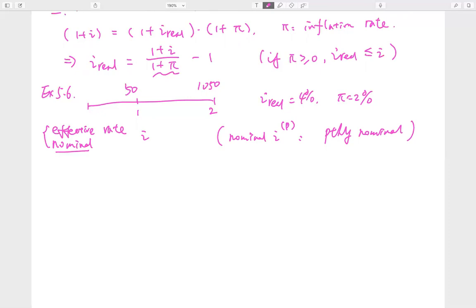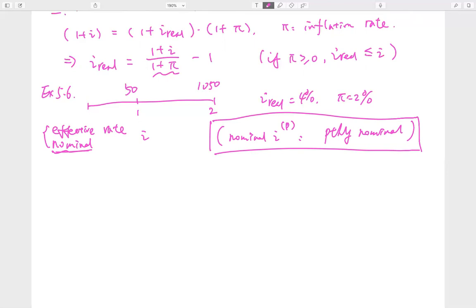Okay, the difference is quite obvious, right? Here we call it nominal because it's paid more than once a year. Here we call the previously effective interest rate the nominal interest rate, because we actually have the real interest rate as a comparison.